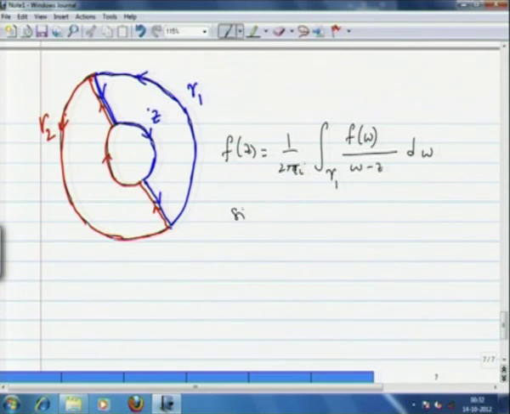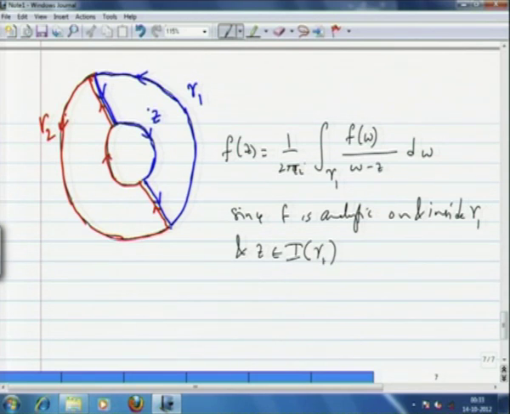So, since f is analytic on and inside gamma 1 and z belongs to the interior of gamma 1. So, that is the trick.